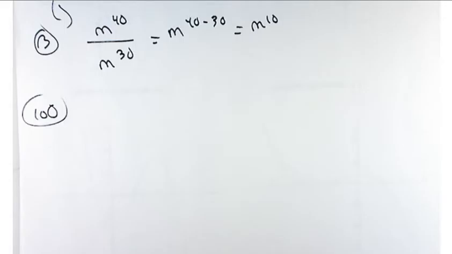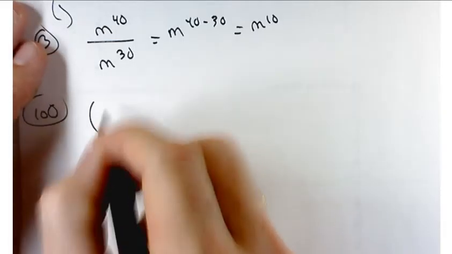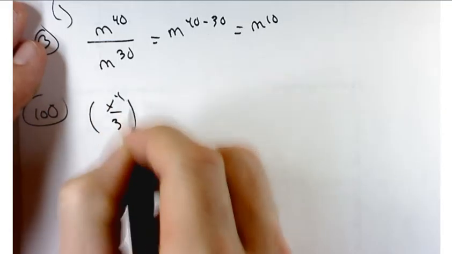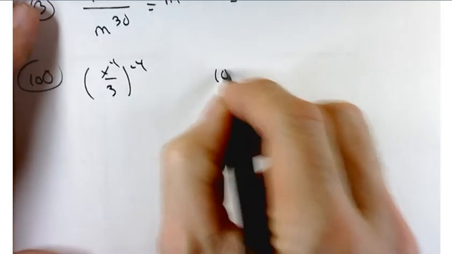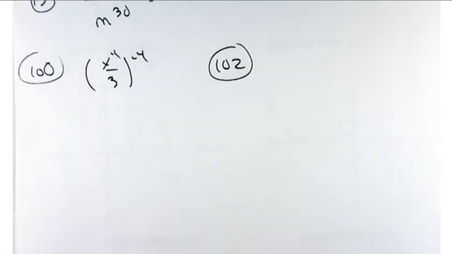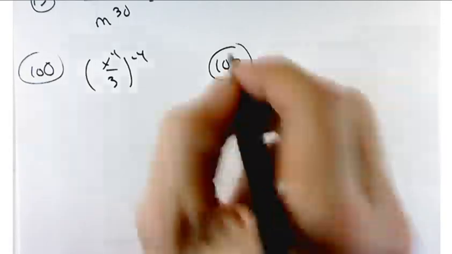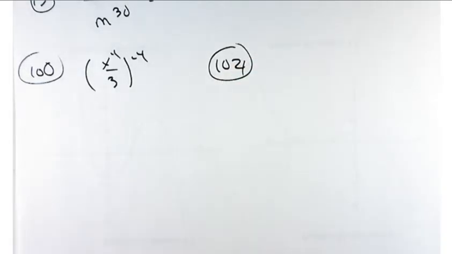So 100 is x to the 4th over 3 to the negative 4th. I wrote 102. 104. A lot going on in that one.